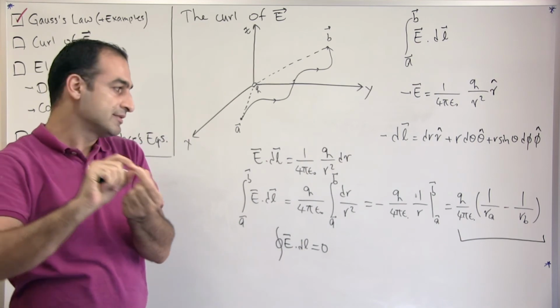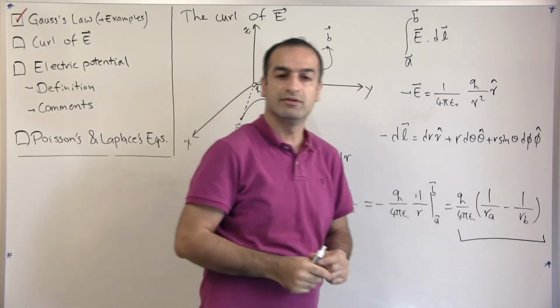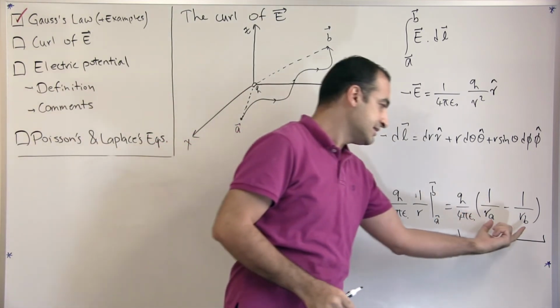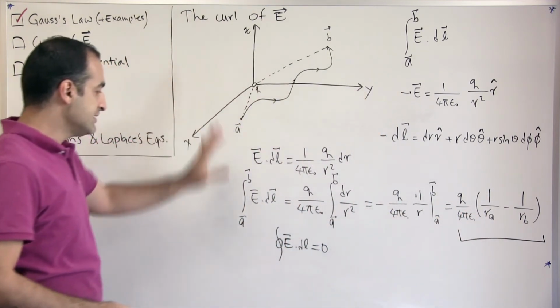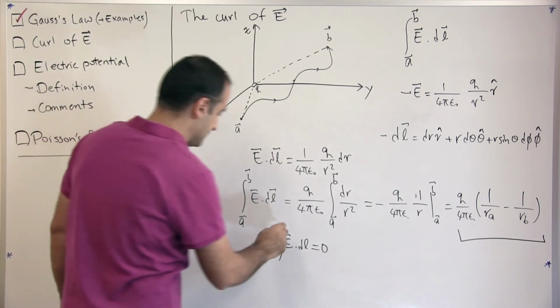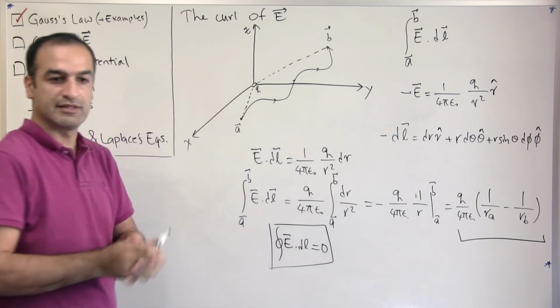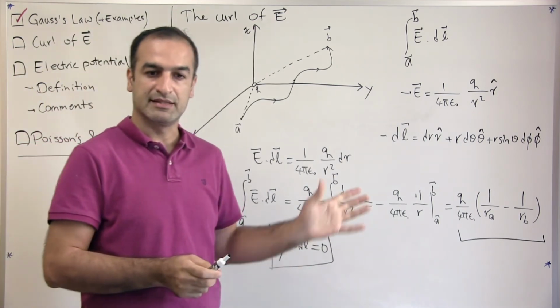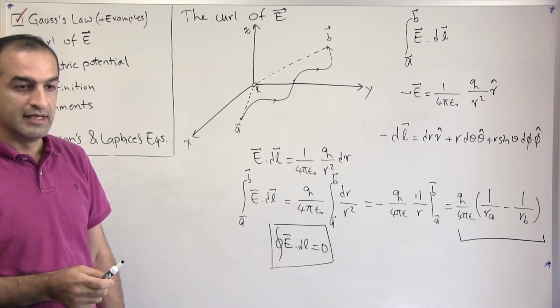If you come back to the same starting point, that means RA and RB are equal to each other. So the parentheses here just becomes 0, the integral becomes 0. So for this integral E dot dl, over a closed path, the integral is 0. And I guess that's relatively obvious from the mathematics we did here, okay?